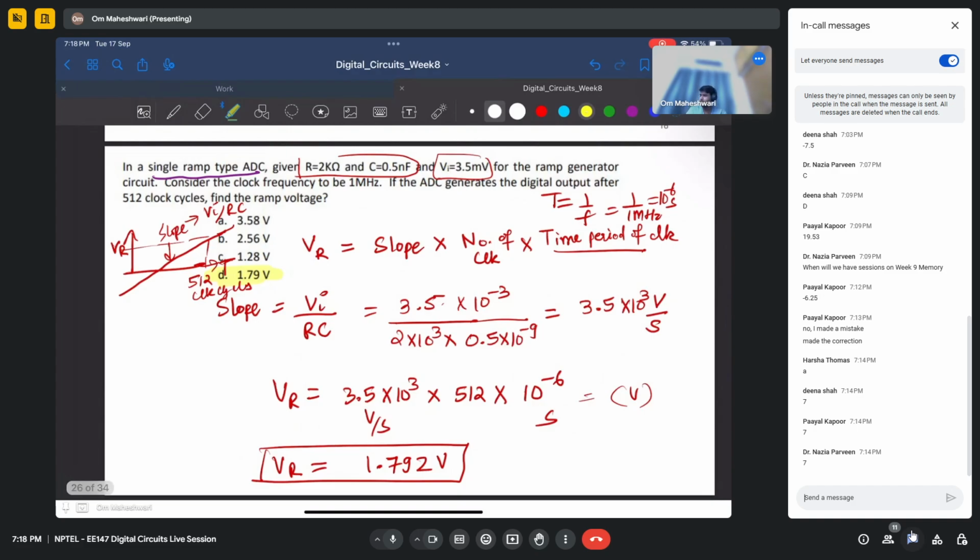Is this okay? So just remember this. This is purely logical. If you think slope into number of clock cycles into time period is VR, and the slope is just, you have to remember this. What is the slope?